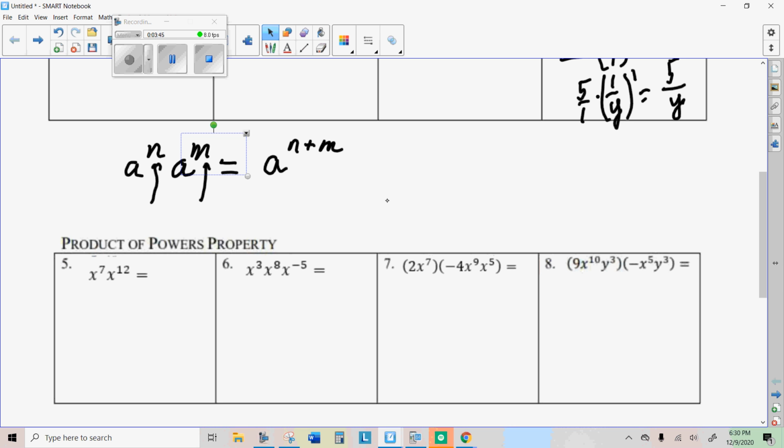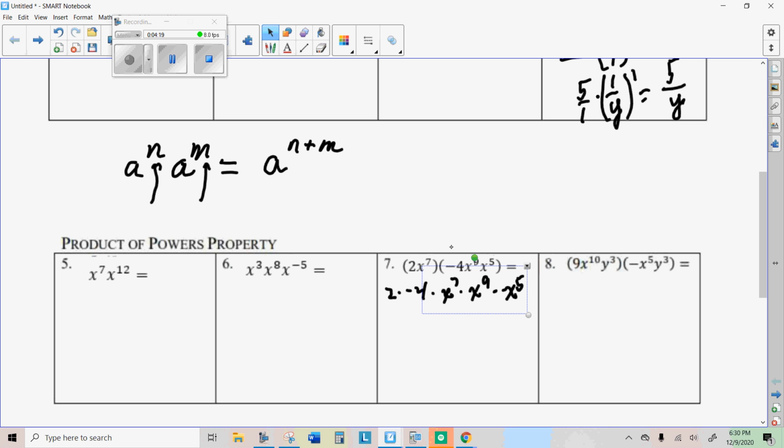Okay? Now don't ever be afraid to write the numbers in expanded form. So I'll do number 7 for you here. So I'm going to do 2 times negative 4. I'm going to put those together since multiplication doesn't really matter. Make sure you don't do anything with the powers right now though, because powers have to come first. So we have x to the 7th times x to the 9th times x to the 5th.